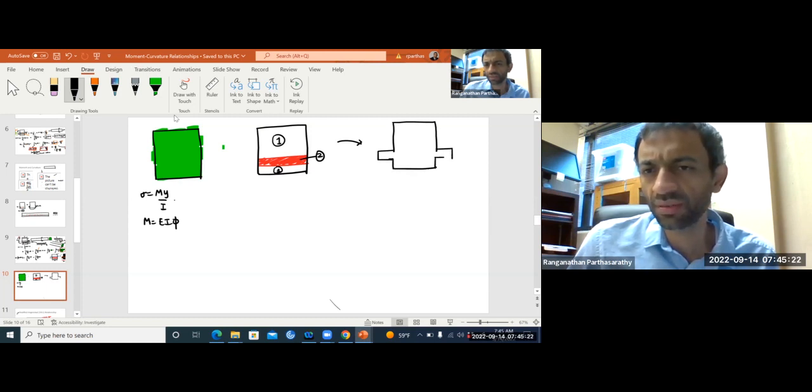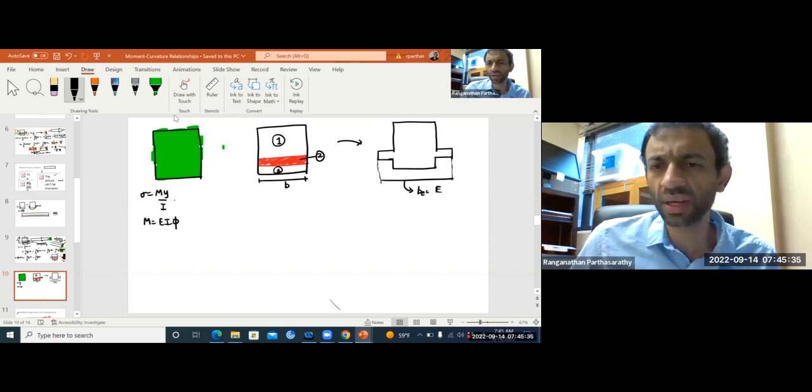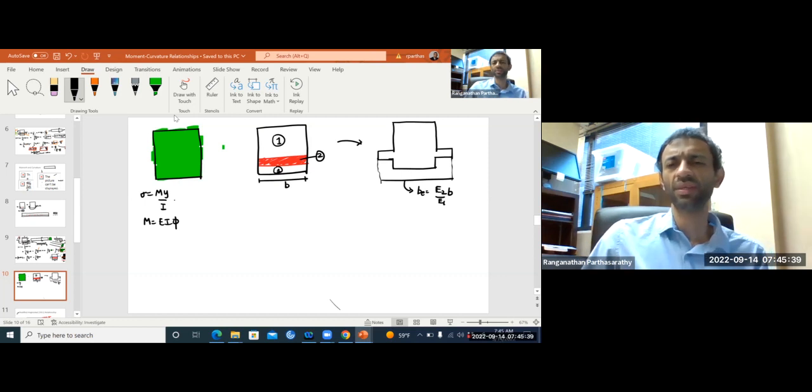So if the original width was B, then this part will have a width of B equivalent, which is E2 by E1 times B.